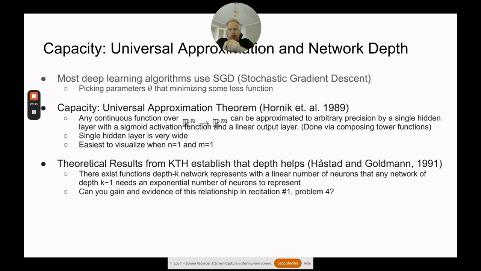Otherwise, based on the value of x, it builds a little bump, a little tower. You can compose all these towers together to recreate any arbitrary function within a certain precision.